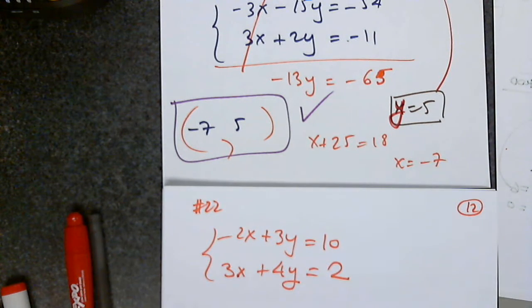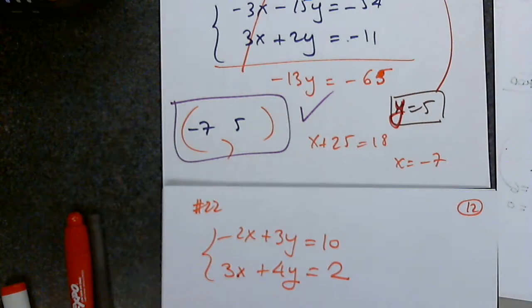Here is how I make my decision. I look at x, and I see negative 2 and 3. The simple fact that one has negative and one has positive is attractive to me. Why? Because I don't have to multiply any of the two by a negative number.